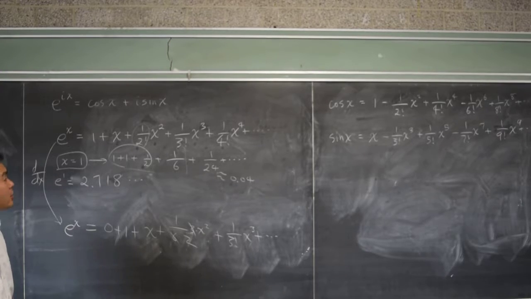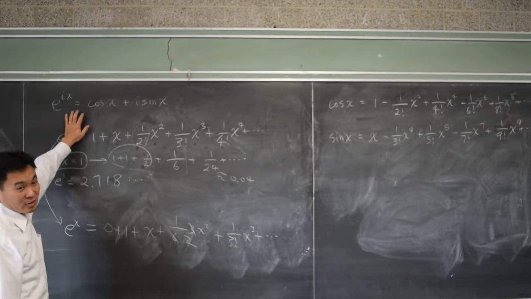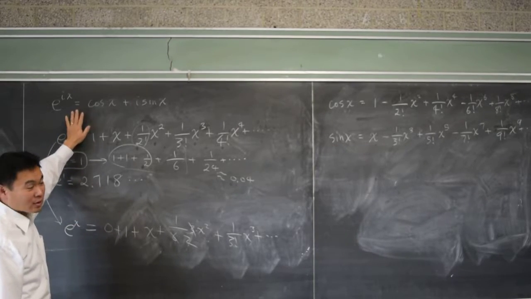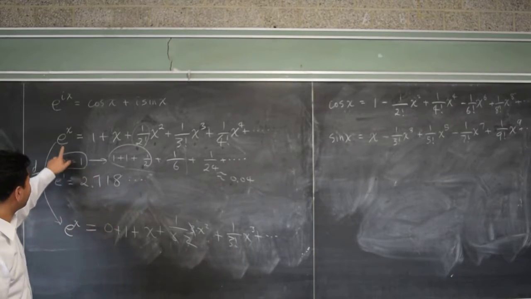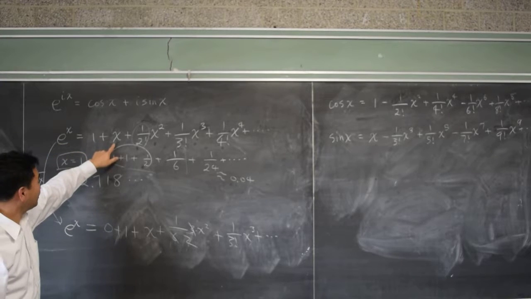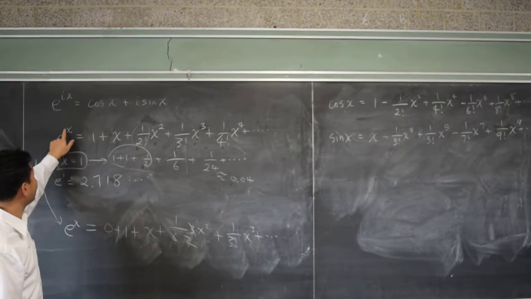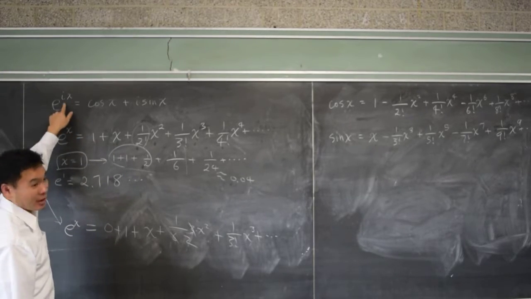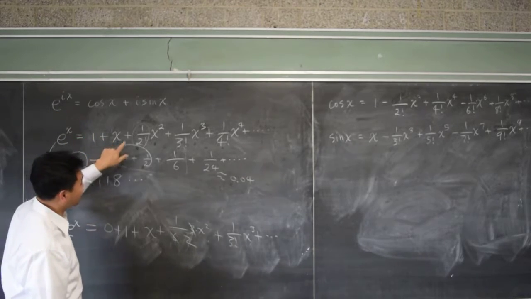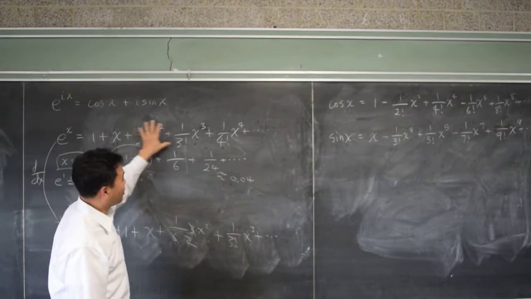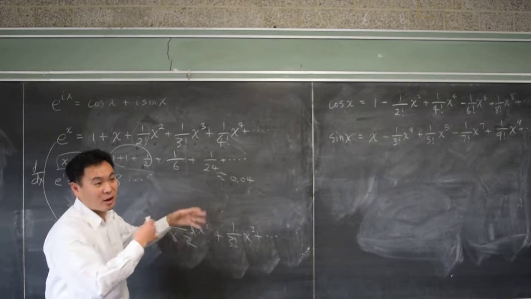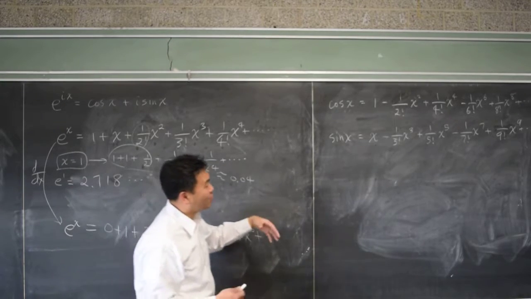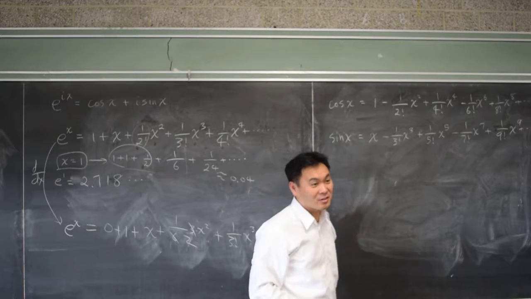All right. Now we're going to use the Maclaurin series to argue that this should be what we should have. Okay? Now, how do we do that? Well, this is my plan. I want to take this identity, replace x by ix because that's what I have here, and then somehow just sort things out and hope that it's the same as this one.